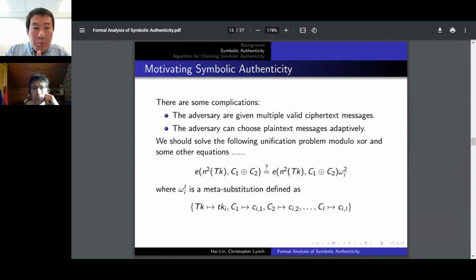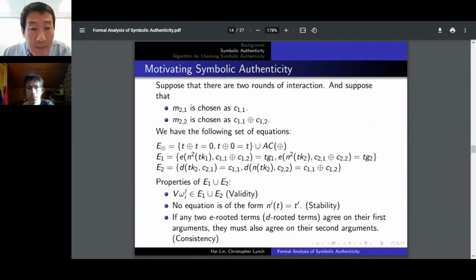So what's the background equation? Suppose that there are 2 rounds of interaction between the oracle and the adversary, and suppose the adversary chooses the second message in this particular way.